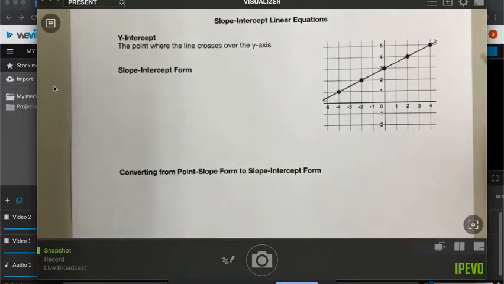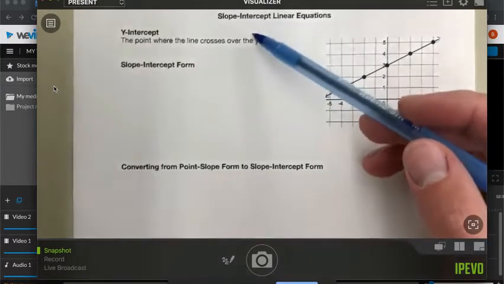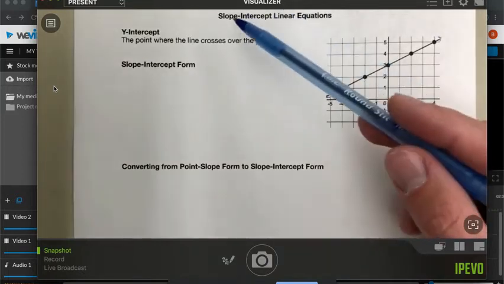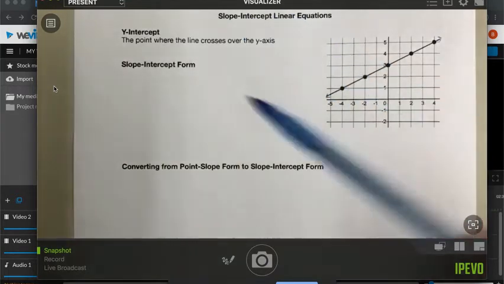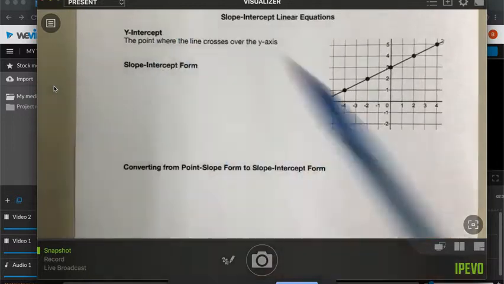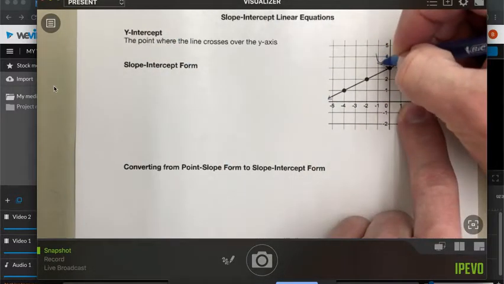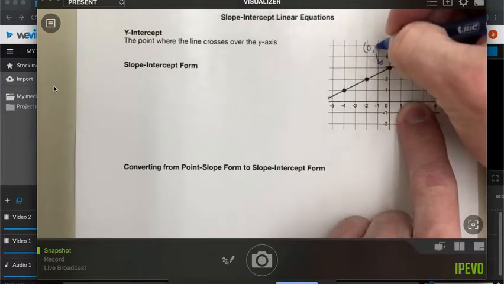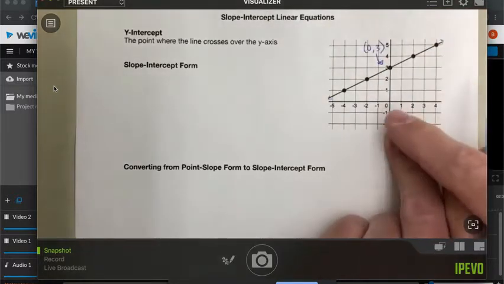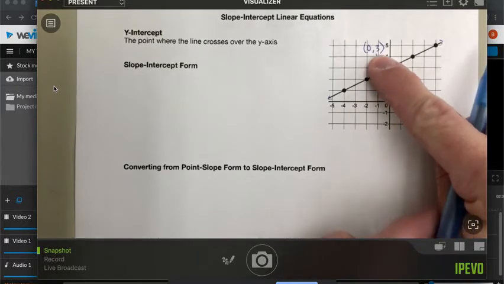What I want to refresh your memory on is the other format most of you are familiar with, slope-intercept form. That had to do with your y-intercept, which in this case would be the point (0, 3). So the y-intercept value that we would end up worrying about is 3.